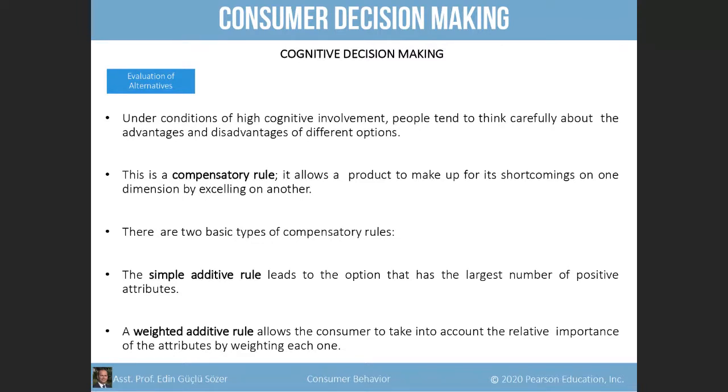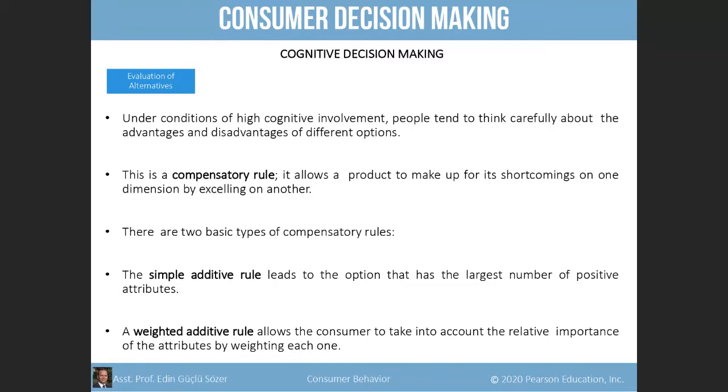Generally, when products are compared to each other, some products have an advantage over others in some attributes, and they have a disadvantage compared to others in other attributes. So generally, products try to differentiate in one or two attributes, and they are more average on other attributes. So there is a balance. This is a compensatory rule.